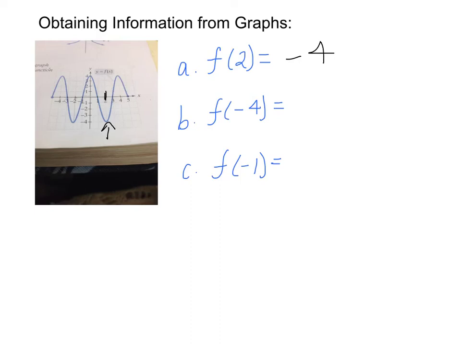And then part B says when x is negative 4, so that's right there, you want the y value that corresponds to it, which is 4. And when x is negative 1, which is right here, my y value is 0. So you just have to be able to interpret the graph. And we'll do another one.